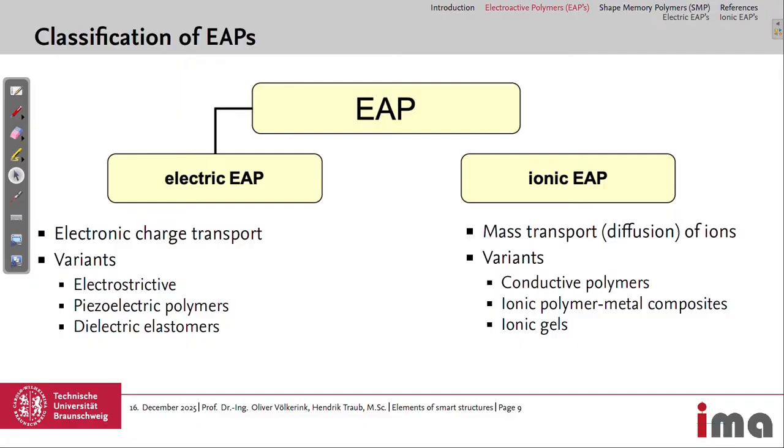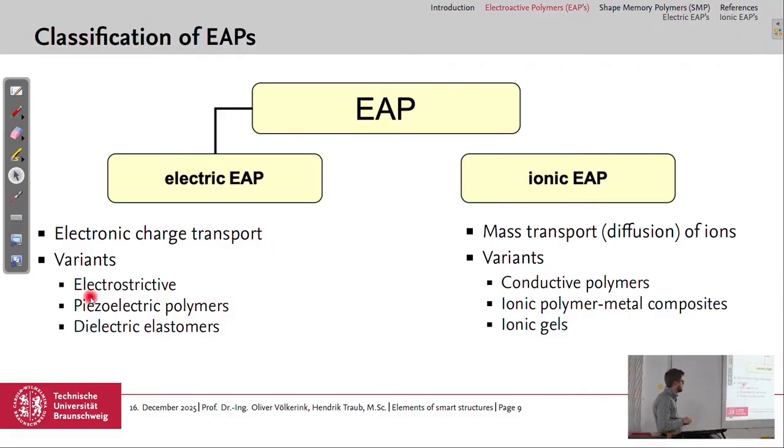We can classify the electroactive polymers into electric electroactive polymers and ionic electroactive polymers. So here's a line missing, but I think you will also get it. Electric electroactive polymers work due to an electric charge transport and can be electrostrictive, or piezoelectric polymers like the PVDF material, and we can also have dielectric elastomers between two electrodes.